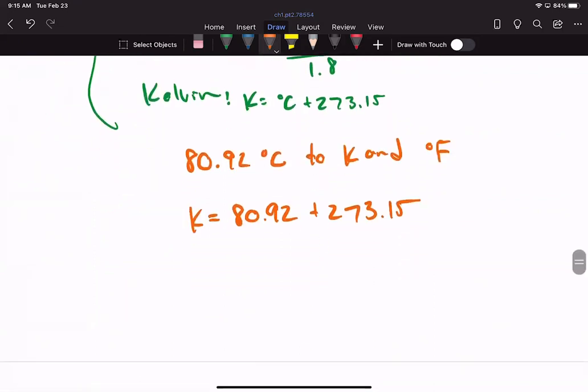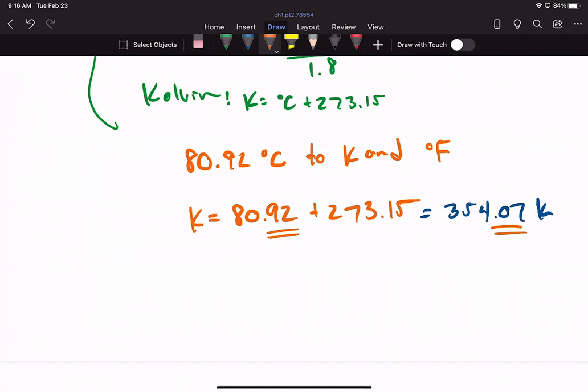All right. So here, let's go ahead and do that math, and we have 273.15 plus 80.92, and we get 354.07 Kelvin. And what I'm looking for here is, well, I have 2 past the decimal. My answer is 2 past the decimal.